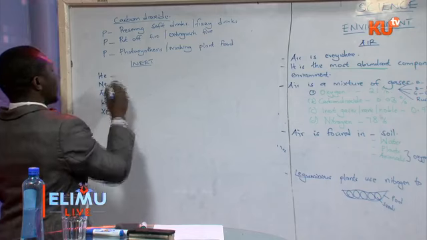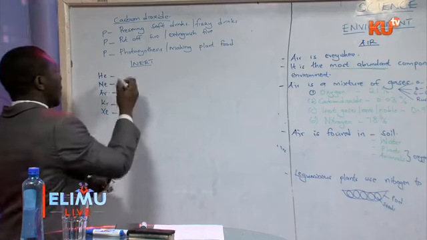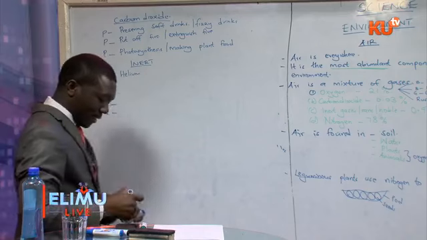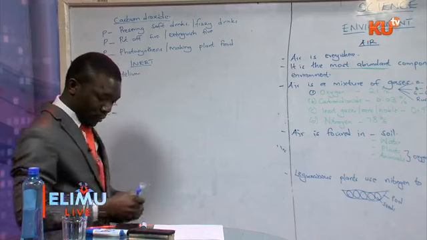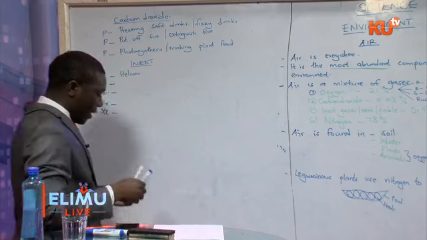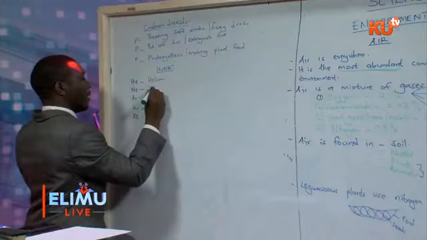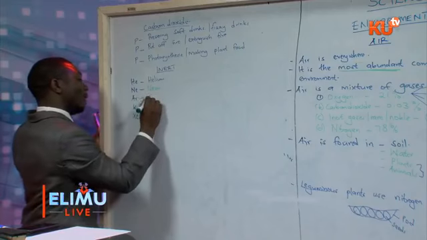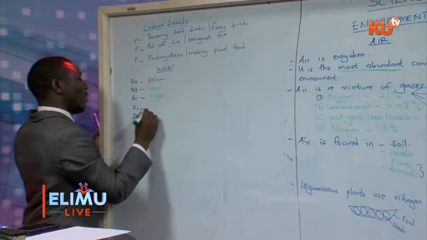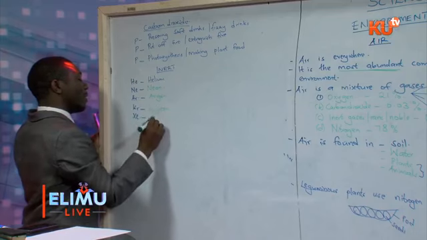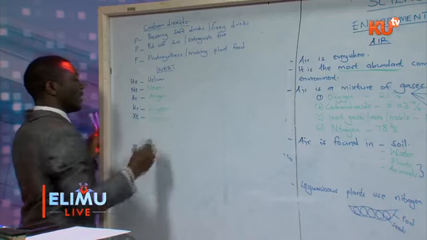The first one is helium, an example of an inert gas. Number two, neon is an inert gas. We have got argon, krypton, and xenon, which are all inert gases.